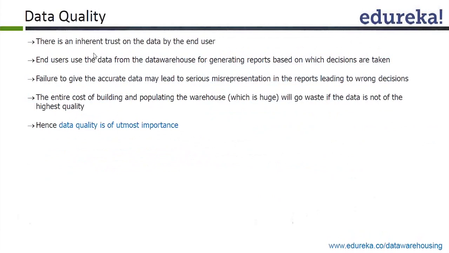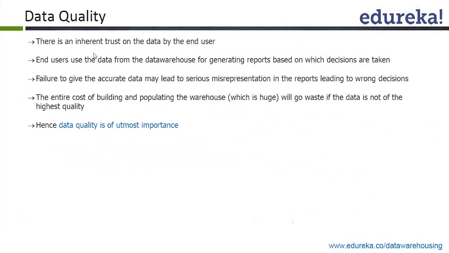So maintaining the data quality in a particular ETL process or in a data warehouse system is very, very important. That's what this slide says. The end user whom you are providing the data assumes that the data you are giving is accurate.